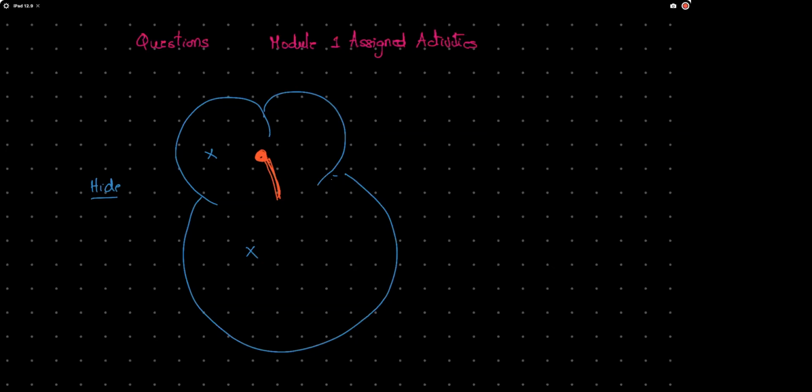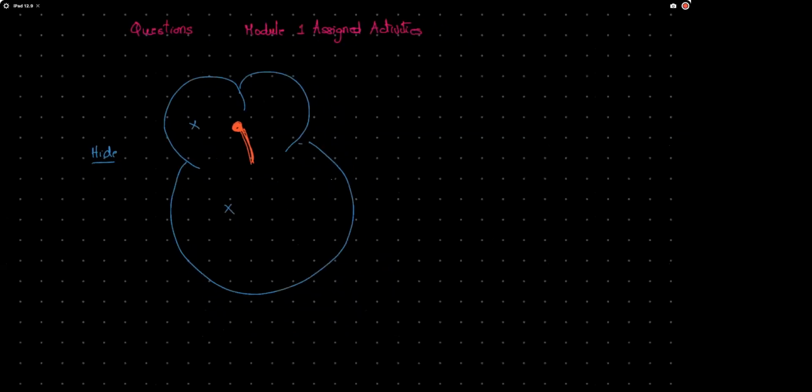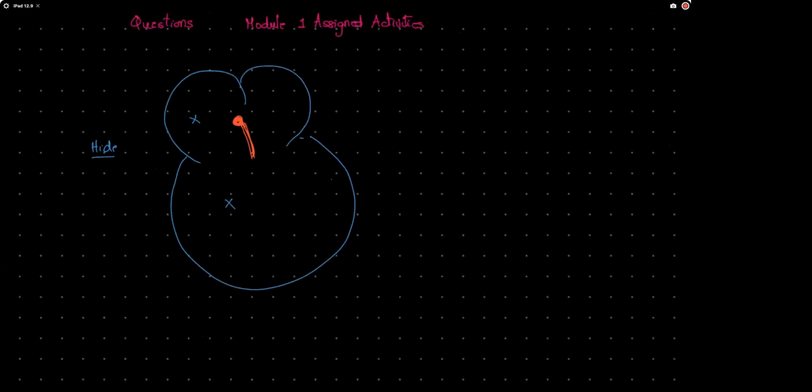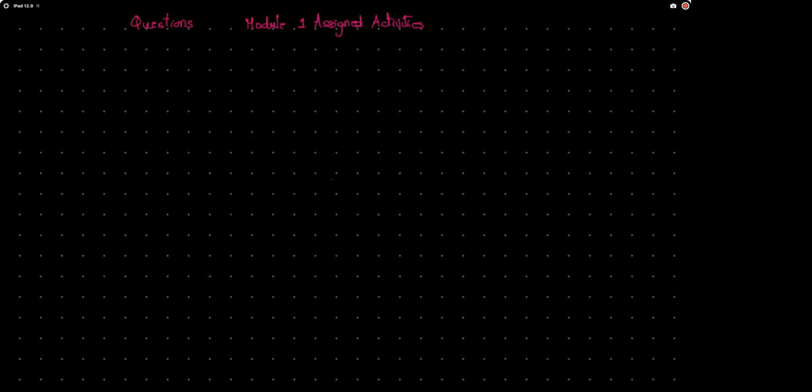All right. So, any other questions? Any other questions that you have related to the previous assigned activities for module one? Any questions that you did have problems with in those quizzes, assignments? No. All right.